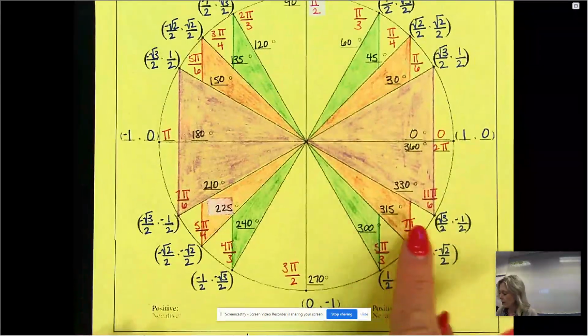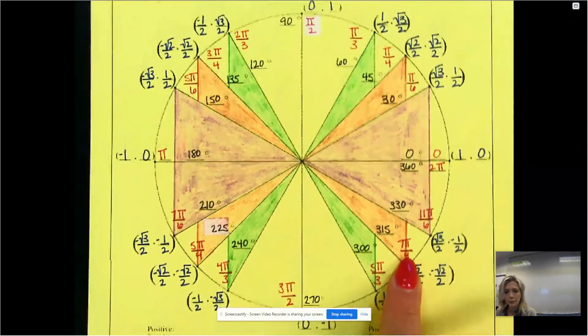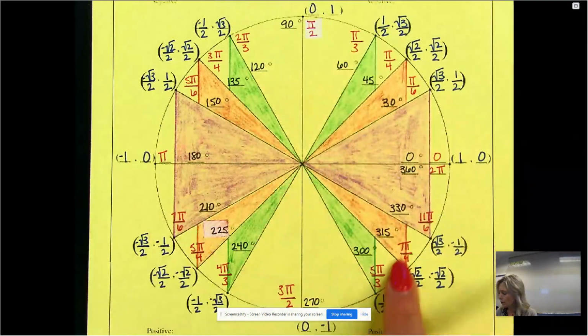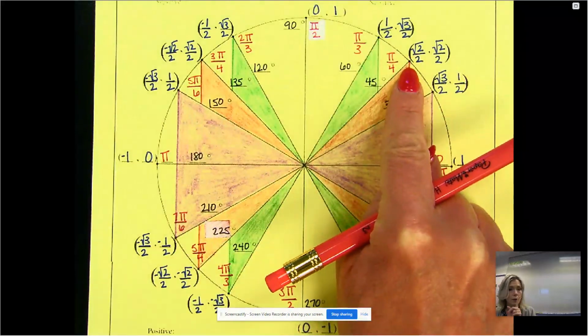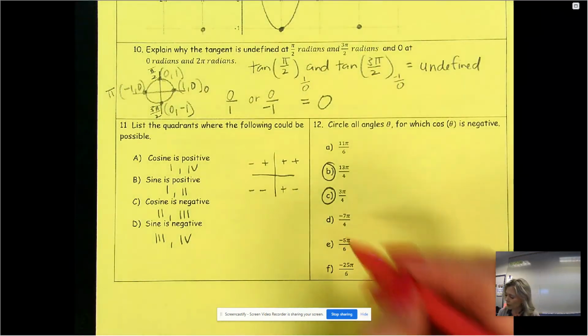So here is 7 pi over 4 in the positive direction. So in the negative direction, here's negative 7 pi over 4. So cosine's positive there, don't circle D.